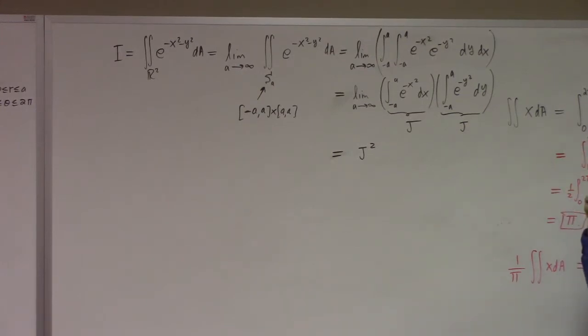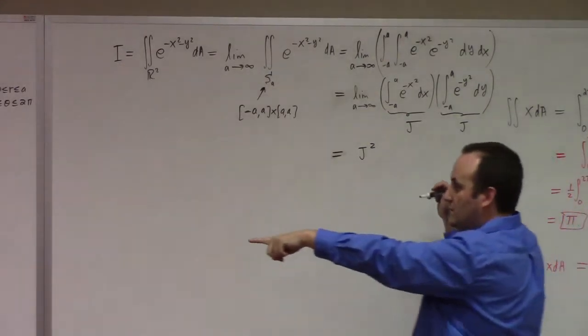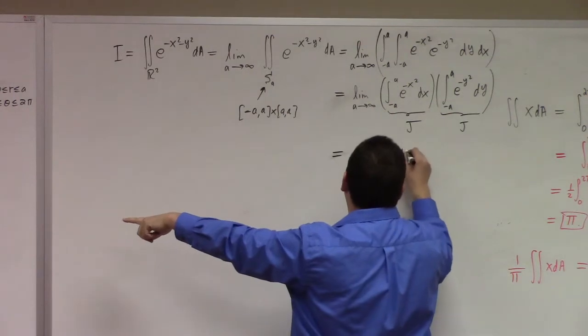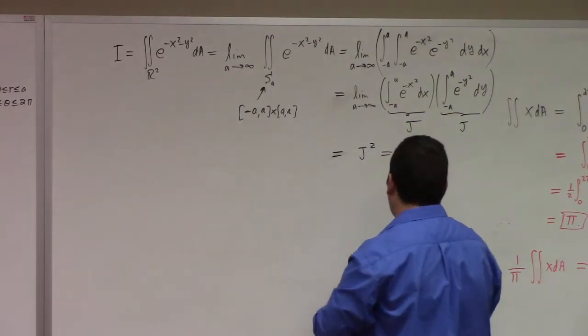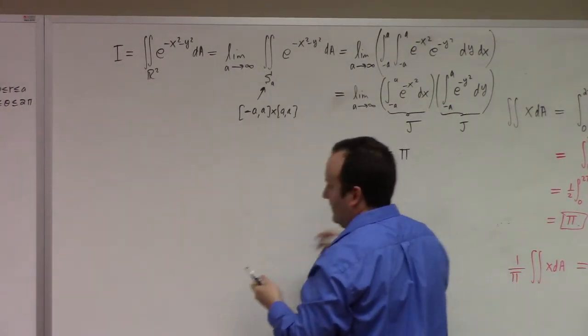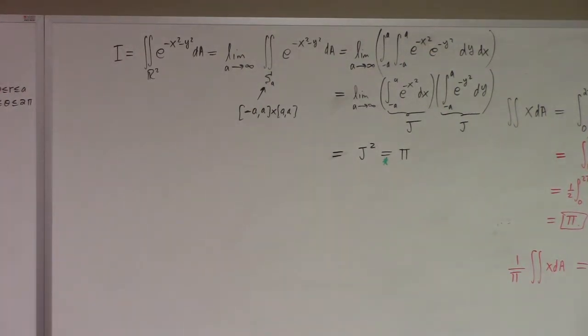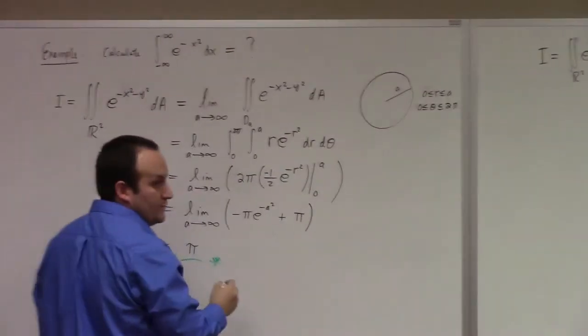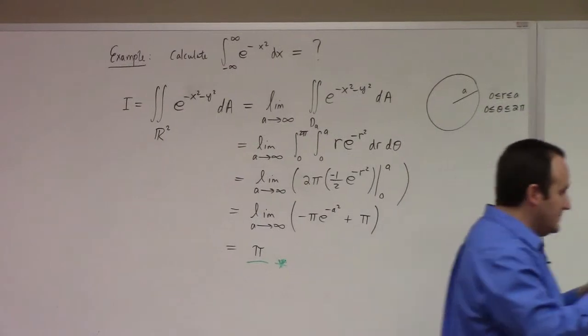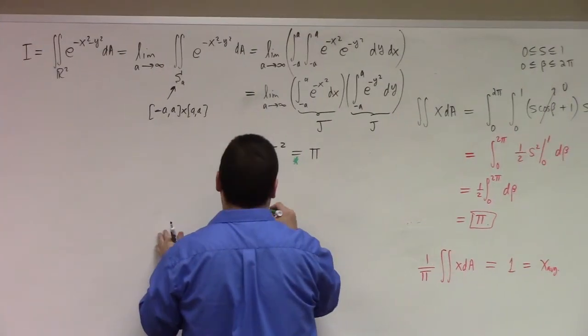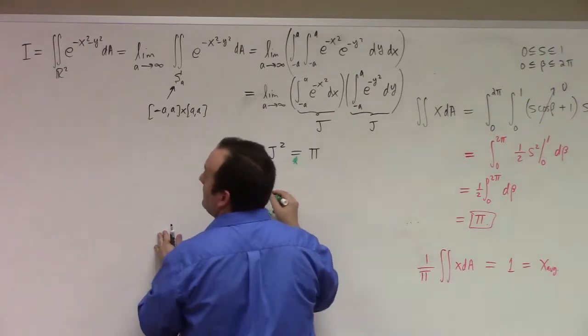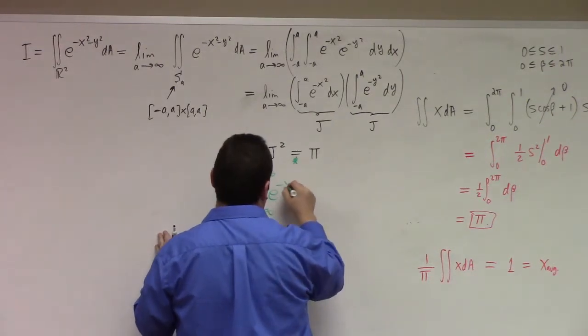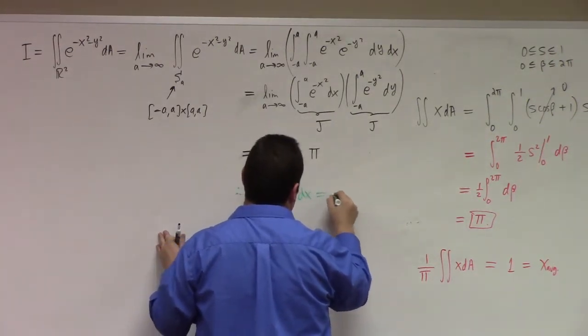But we already worked out with polar coordinates that j squared is equal to pi, right? From this. And so what do we find? The integral from minus infinity to infinity of e to the minus x squared dx is equal to the square root of pi.